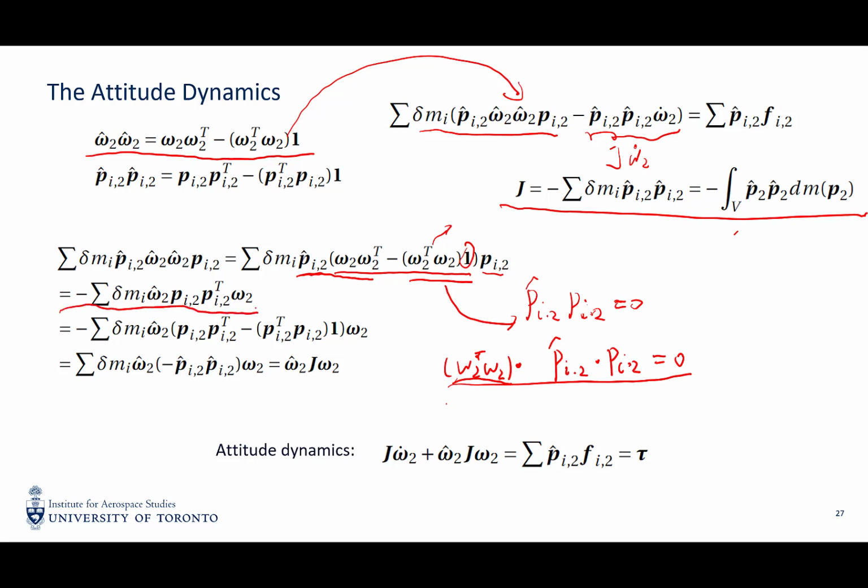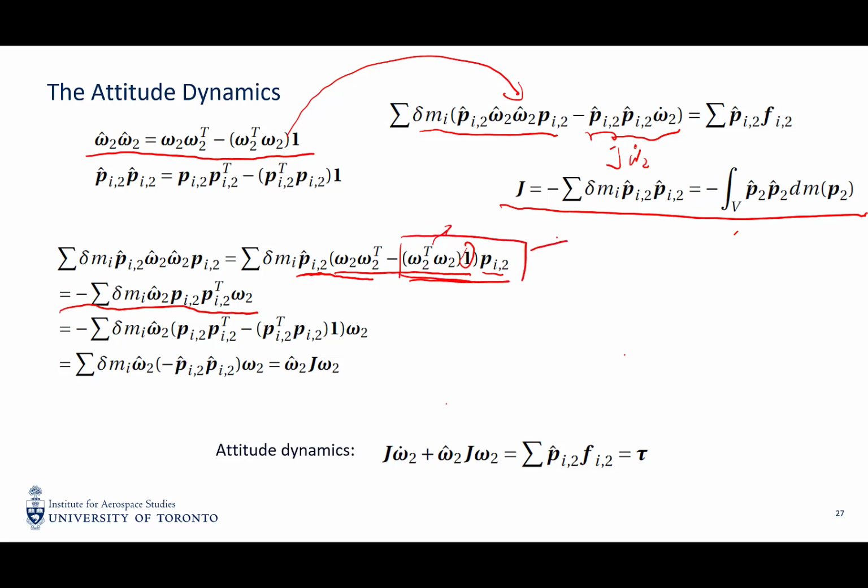Now, since we only have the first term remaining, we swap the order of the cross product again. From the property of the cross product, this second term is equal to 0. And for the first term, this term is equal to pi2 hat times omega 2 transpose times pi2.